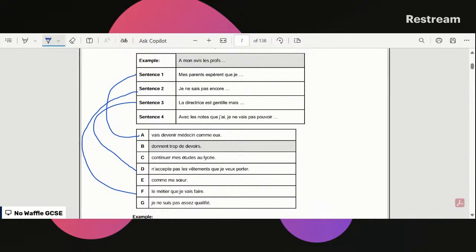And the last one, avec le note que j'ai, je ne vais pas pouvoir. So with the grades that I have, key thing here, this is grades, je ne vais pas pouvoir, and this is going to be with C. I will not be able to continue my studies in sixth form.